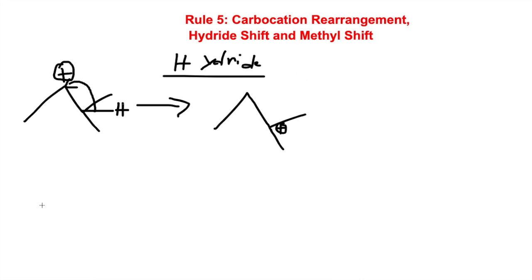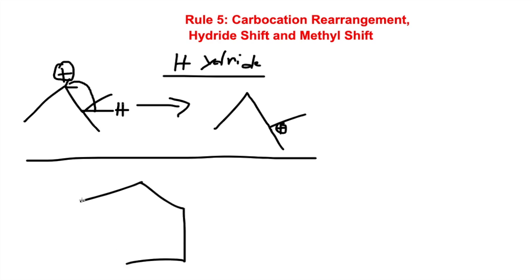For example, if I had some sort of this structure, a methyl shift only happens when there's no hydrogen, and so this carbon would be connected to 4 other carbons. So that's 1, 2, 3, and 4. So a methyl shift would happen here. A methyl shift only moves a methyl group.